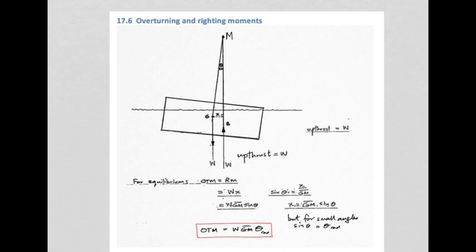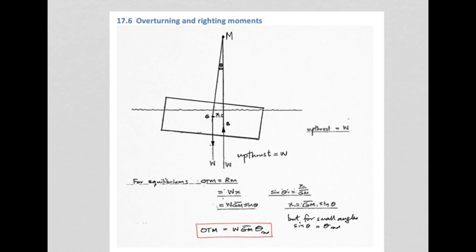Now, one final matter that we need to sort out before we can continue is that of overturning and righting moments. So here we have a vessel that is stable, and something has tried to overturn it, and that something could be displaced cargo, it could be an external force pressing down on it, whatever. That something is holding it in this slightly, let's call it skew position, and it is stable.